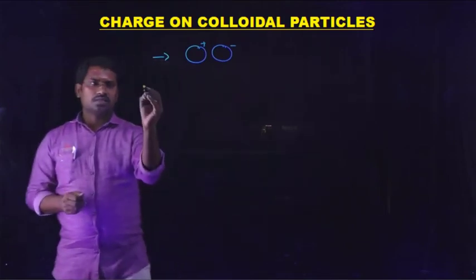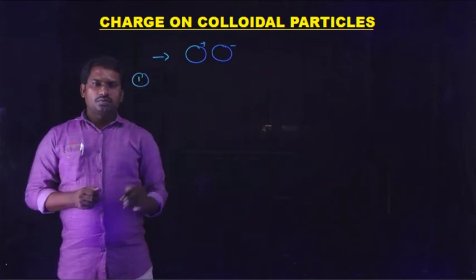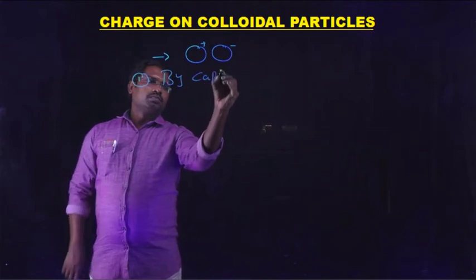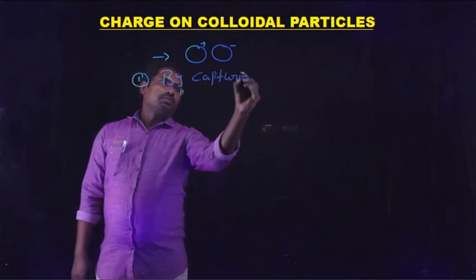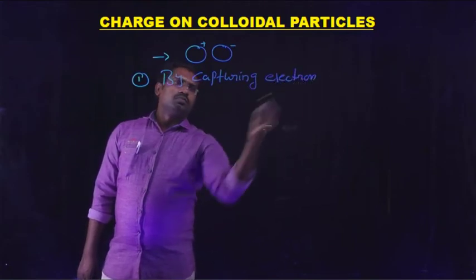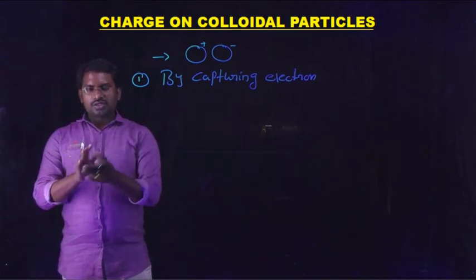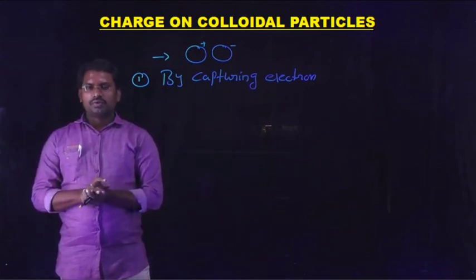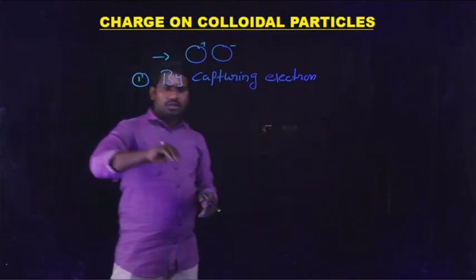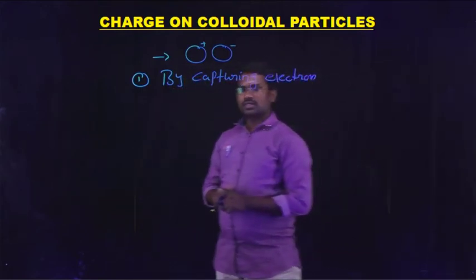The first one is by capturing electrons. The colloidal particles gain the charge from air and dispersion of some metals. They capture some charge from that air and dispersion of metals.